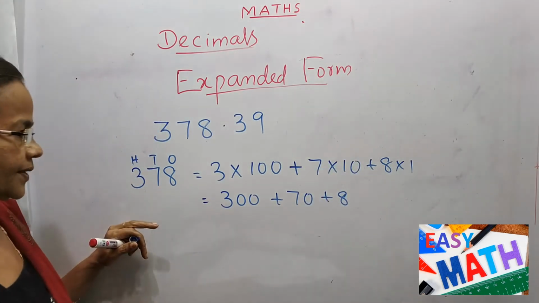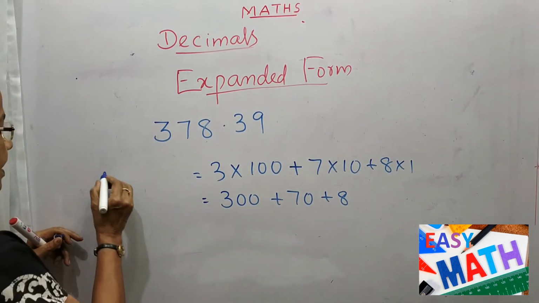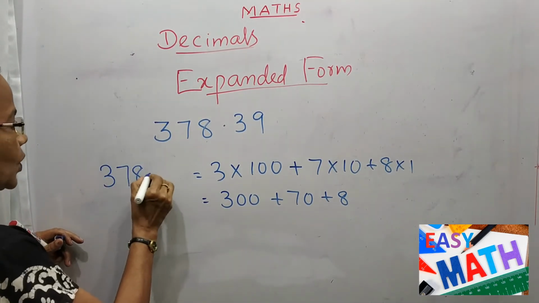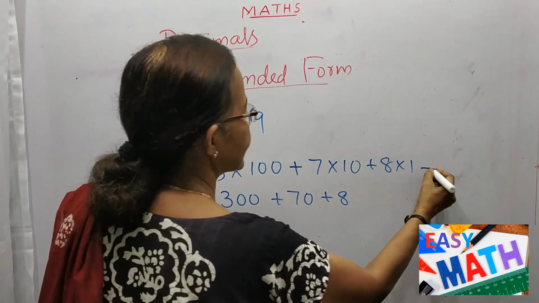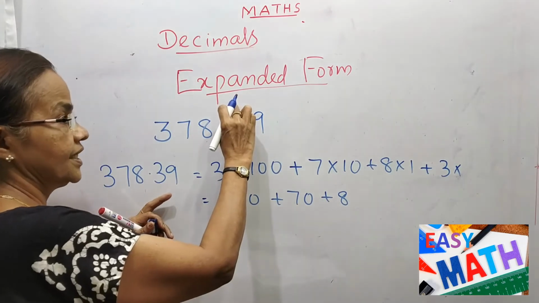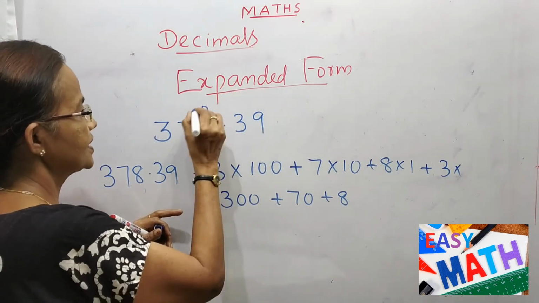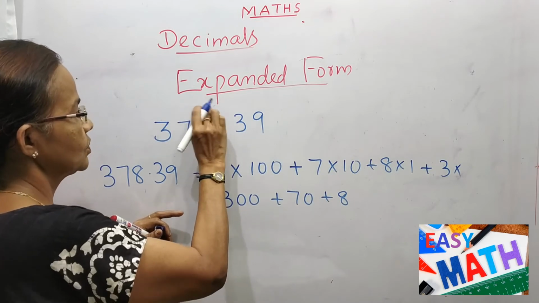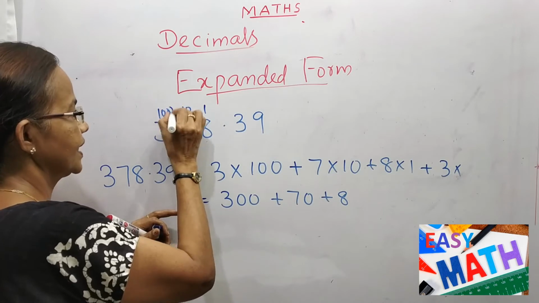So, then 378.39 is equal to, plus 3 into, with the place 10th place, that is 1 by 10. See, this is ones, that is 1, 10, 100. Okay.